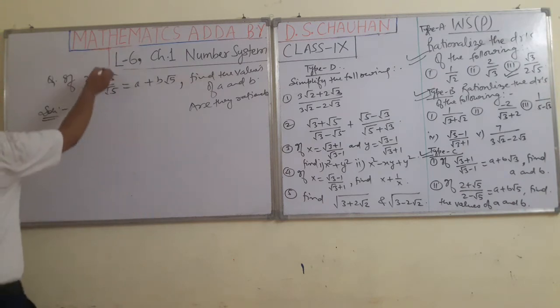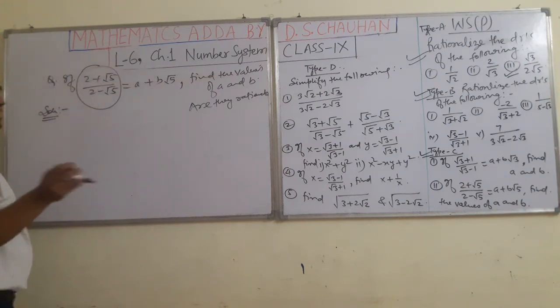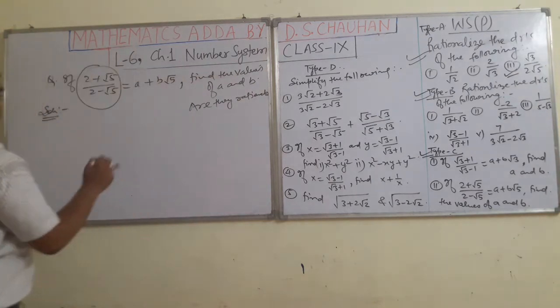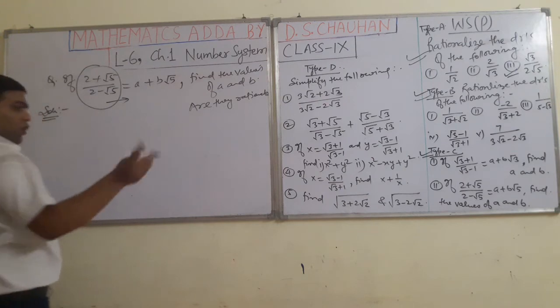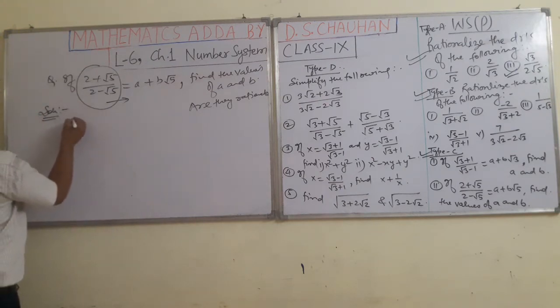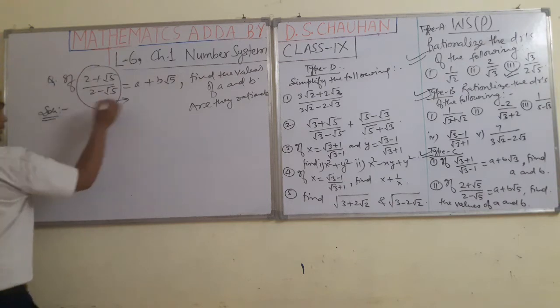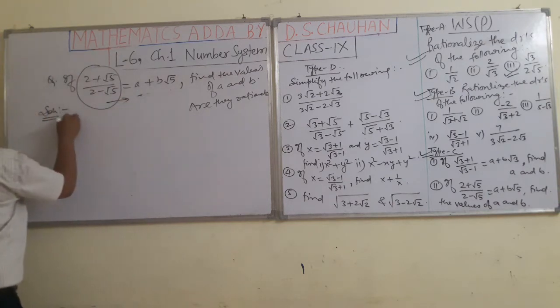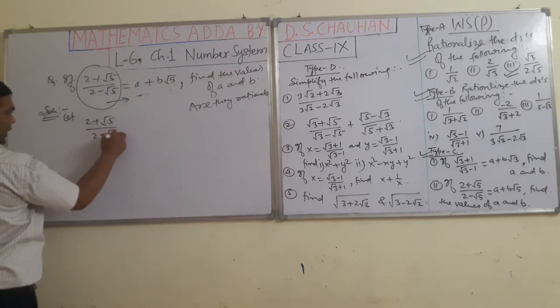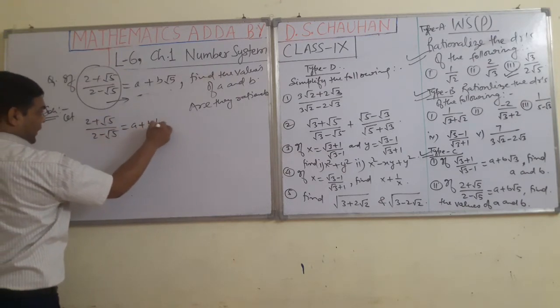Suppose this is the question in front of you. What to do? You have to rationalize the denominator. By the same logic you have to proceed. So, solution here: let 2 plus under root 5 upon 2 minus under root 5 equal a plus b under root 5.